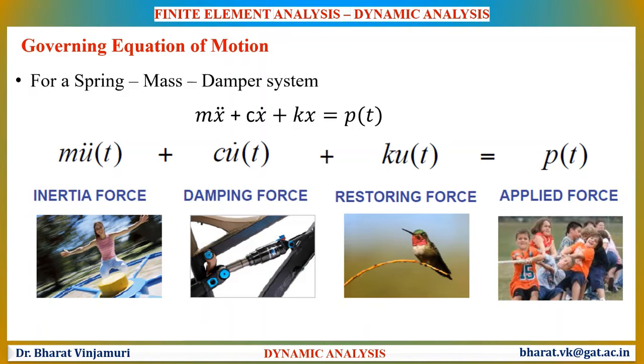The overall behavior of a structure can be understood through these three forces. Inertia force is generated by accelerated mass. Damping force describes the energy dissipation mechanism. This force is known as the general viscous damping force.